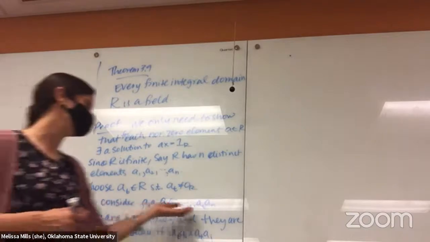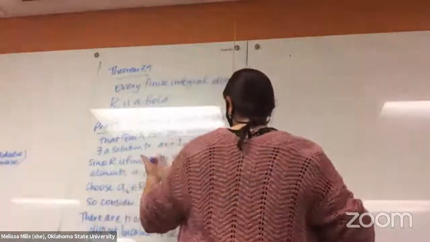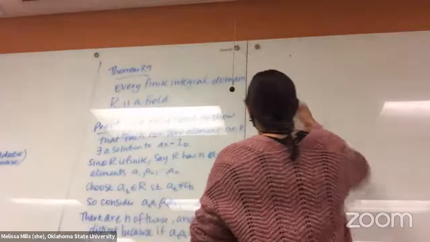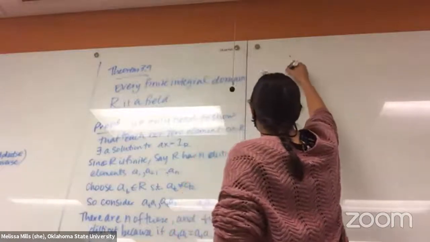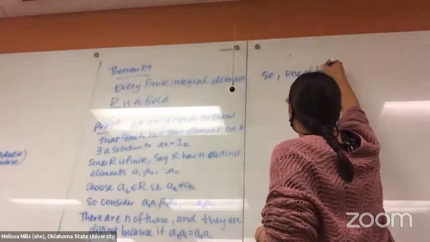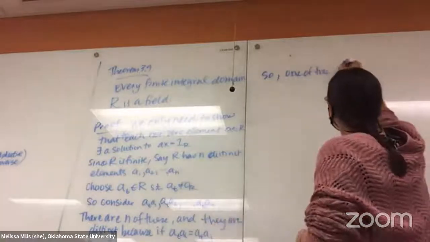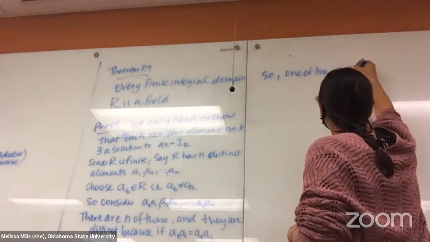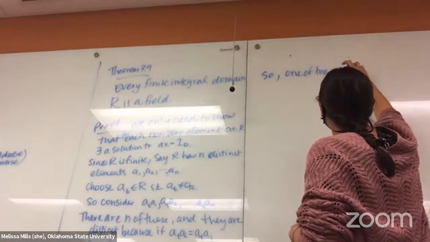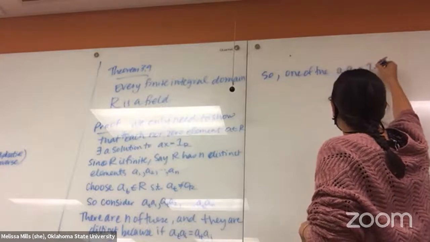But since we have distinct elements, and R is finite and R is closed, we get that one of the ai aj's must be equal to 1R.